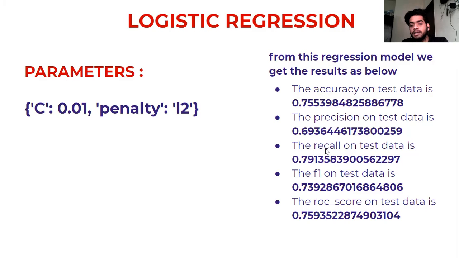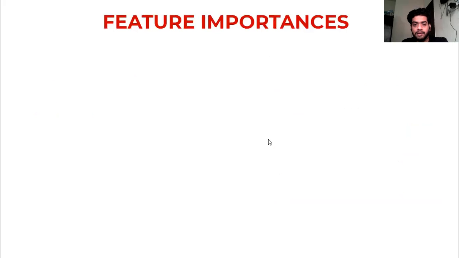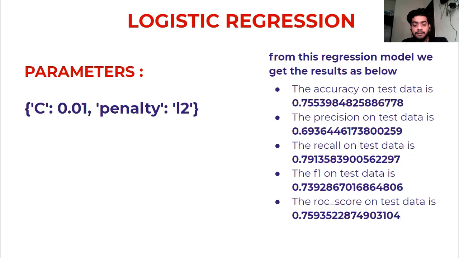Here we can say that the recall value is 0.79 and the ROC score is 0.75. That's not that good, but also not that poor. Next is our feature importance.